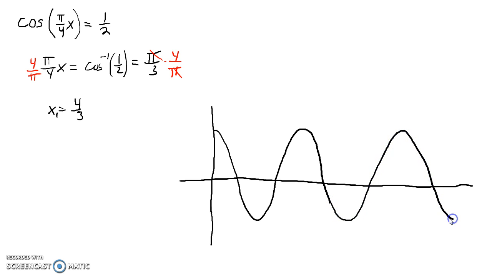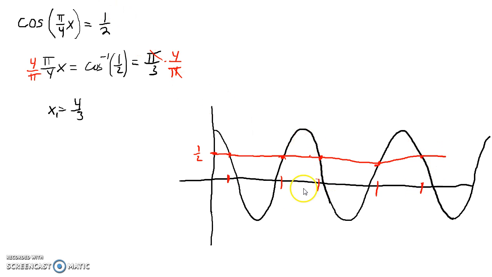I'm going to imagine that maybe we want like 3 or 4. There's a cosine function. I want cosine to be a half, and so I'm going to get the solutions. So we got a solution here, and here, and here, and here, and here.